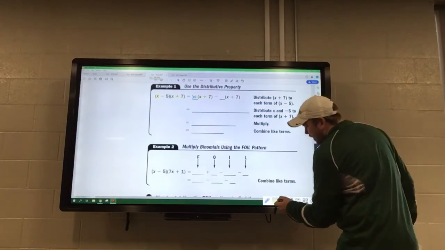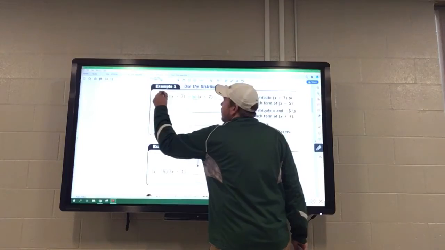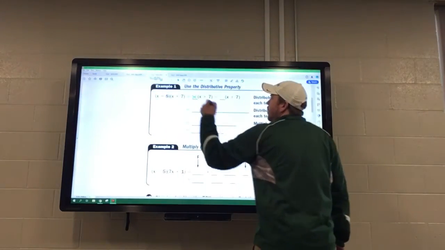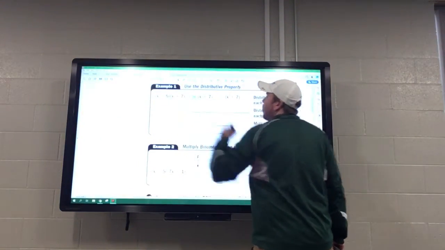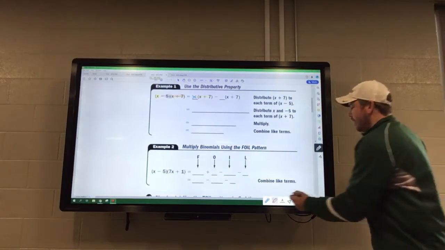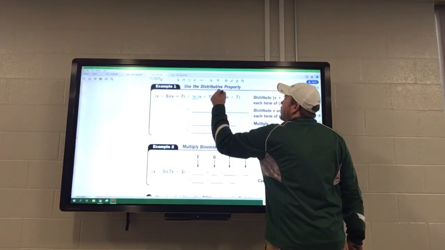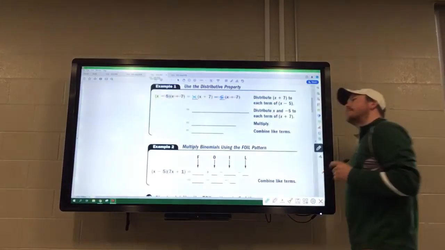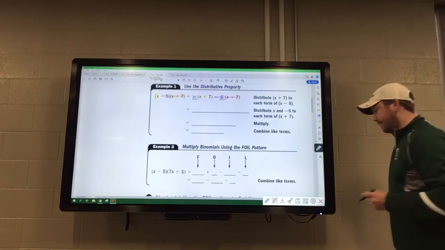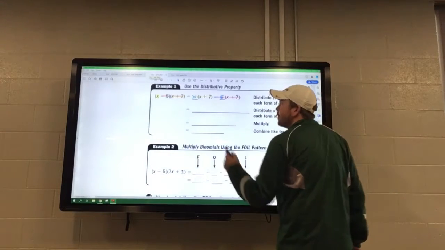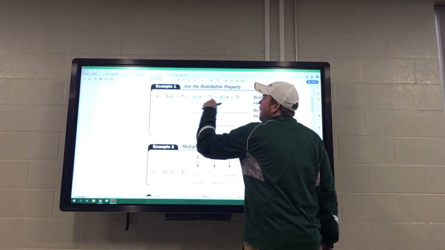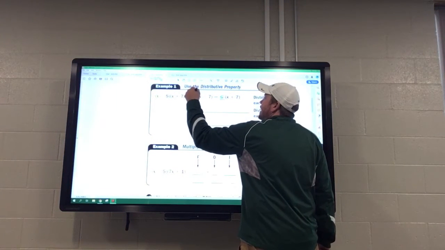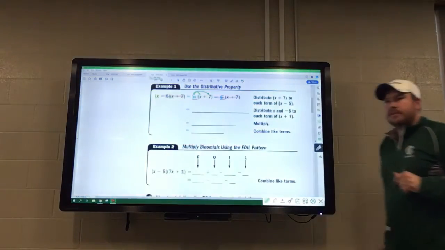Then we're going to take the second term in our first binomial, negative 5, and multiply it by the whole second binomial, x plus 7. Hopefully you remember, when I multiply something by a binomial like this, I need to distribute it to both terms.